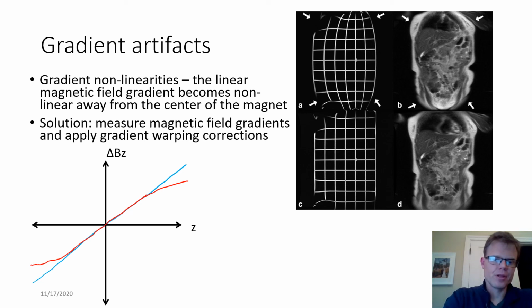And so let's remember here that this delta Bz, the frequency is in fact gamma bar times this delta Bz. And so we're using this for spatial encoding or slice selection.